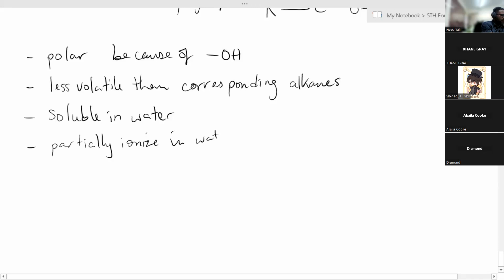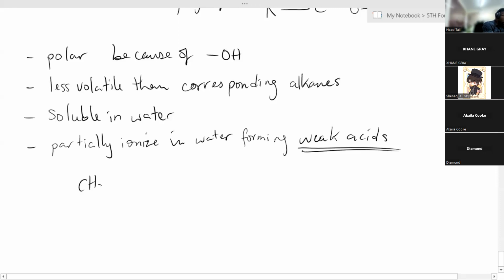In water, forming weak acids. So they are weak acids, all right?